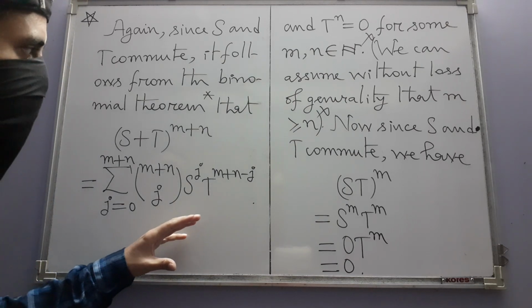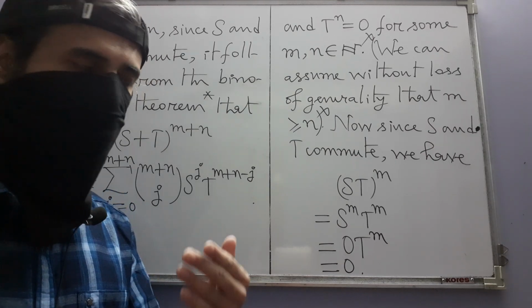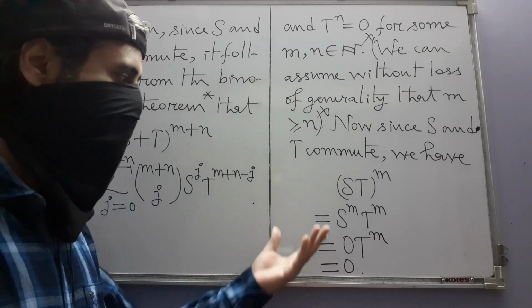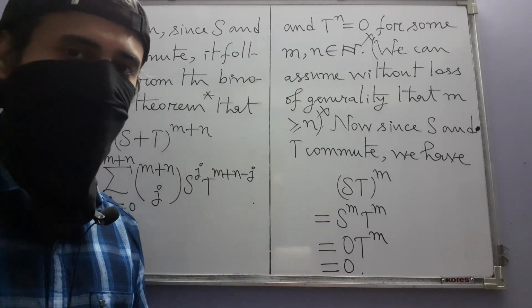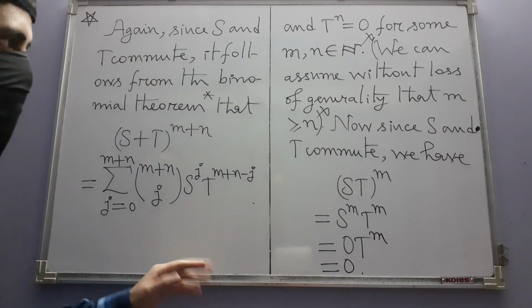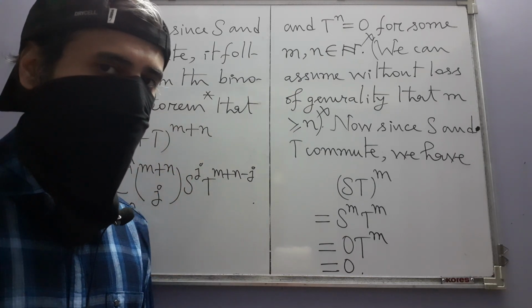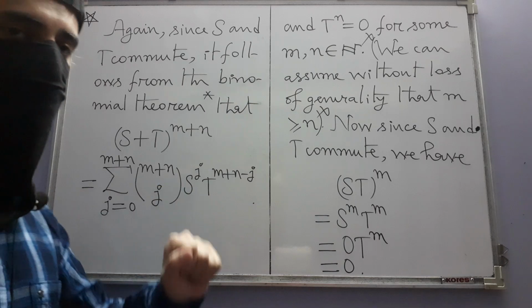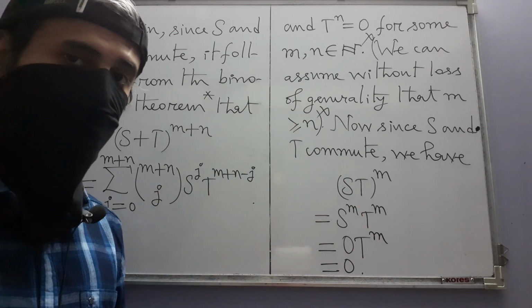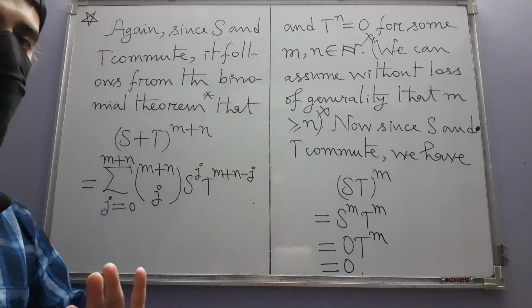Well, you know that this is not the standard binomial theorem that you have in the system of real numbers or in the system of complex numbers, where say you expand a plus b to the power n, where a and b are real numbers or complex numbers. It's not that. Then what is it? This is the binomial theorem in a ring. Our operators are in that operator algebra, and that is after all a ring. And in a general ring, you do not have this binomial theorem.